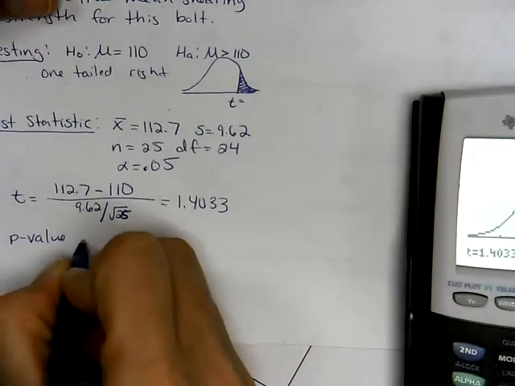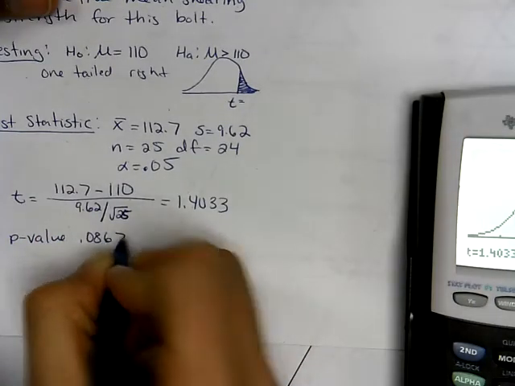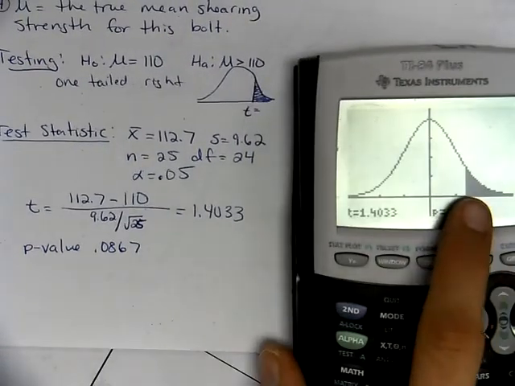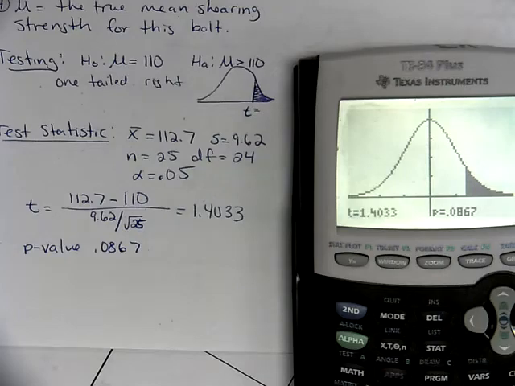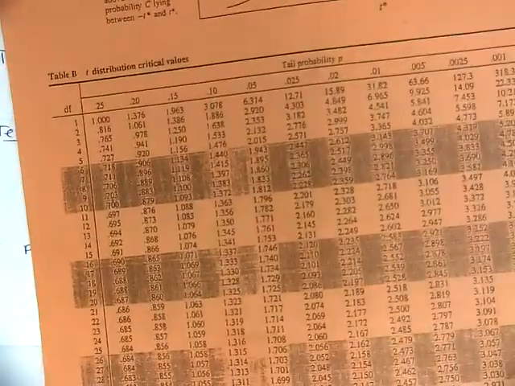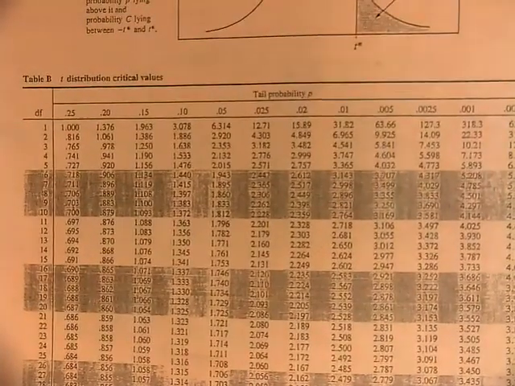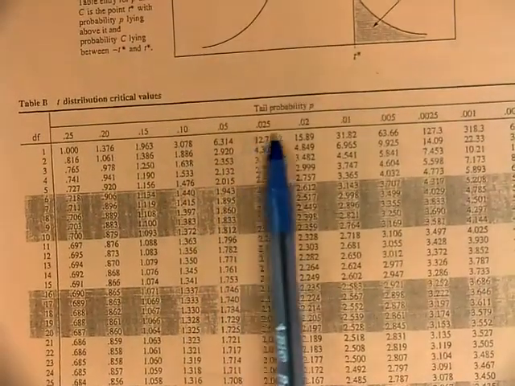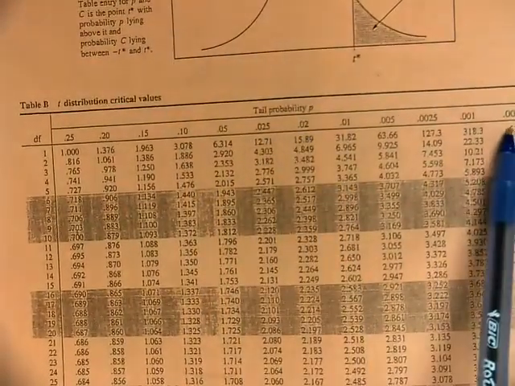Our p-value is 0.0867. Now the reason I like to use a calculator a lot for this is because with t especially, the only formula sheet that you have for a t critical value is this page. And these are the p-values, but it doesn't go up very much.